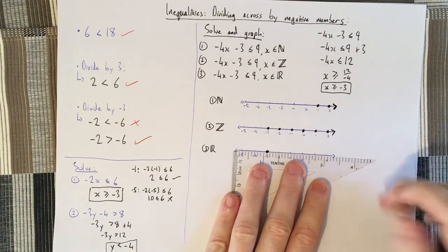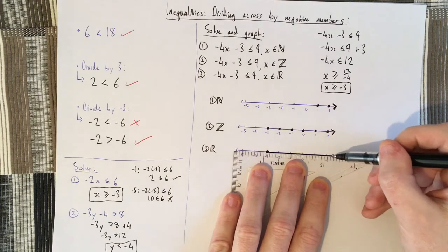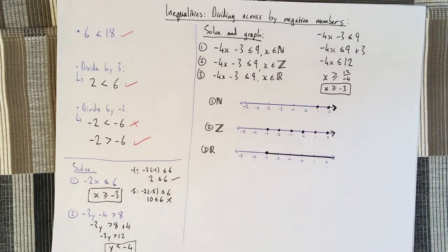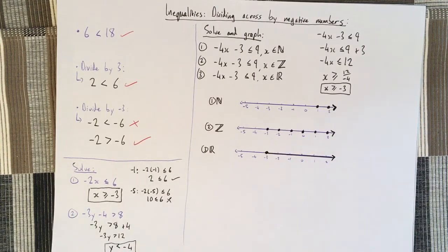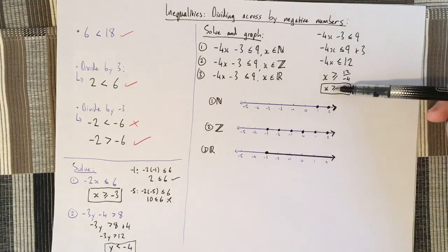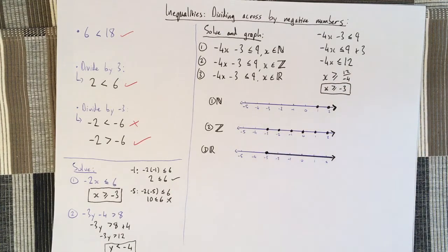So I'm just going to fill in the actual line, because it includes all the fractions and decimals between the whole numbers because it's real numbers, and then again continues to plus infinity, so I'm going to put the arrow in. If it didn't have the or equal to, if it was just greater than minus 3, it would be the hollow circle on minus 3 to show it never actually reaches minus 3.